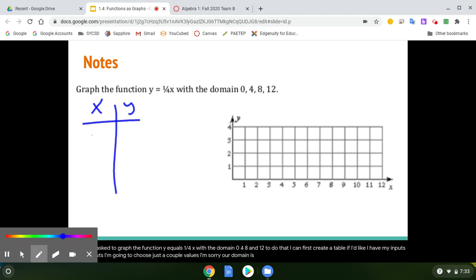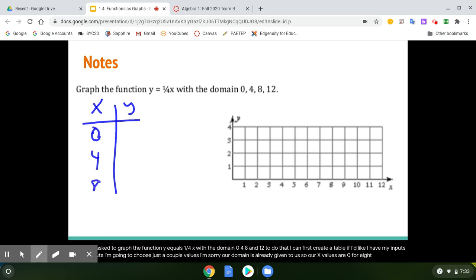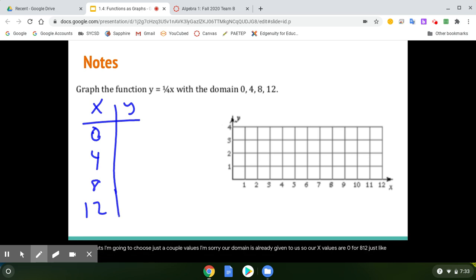Our domain is already given to us. So our x values are 0, 4, 8, 12. Just like in section 1.3, I can substitute each of these values into my equation or rule to figure out the following outputs.